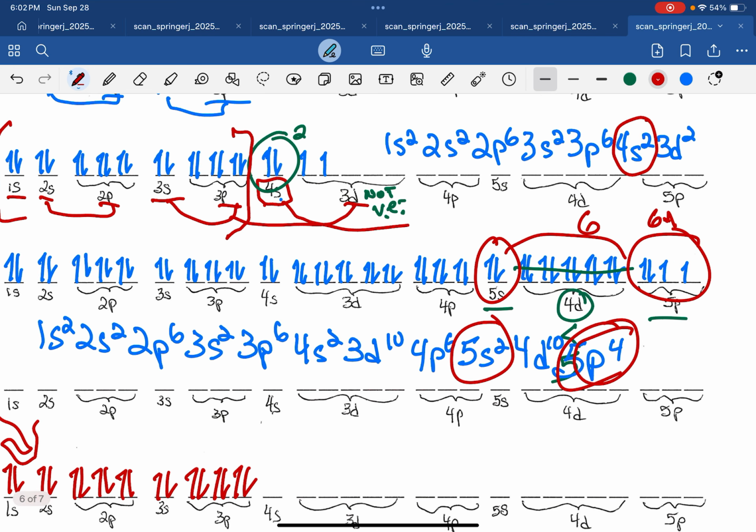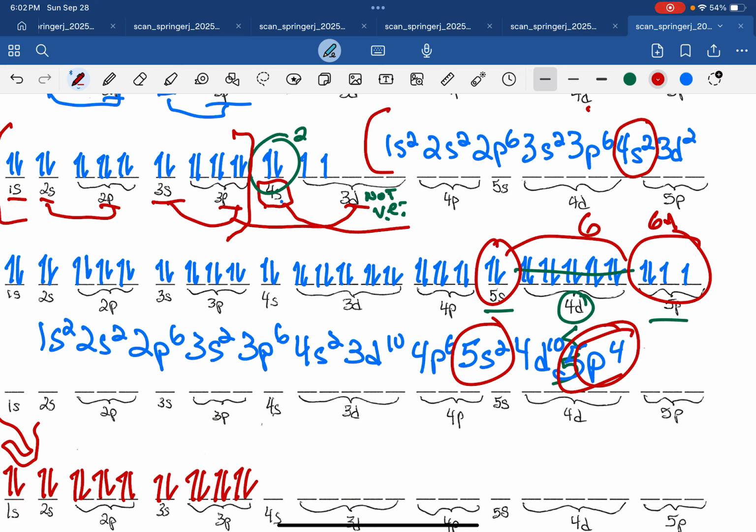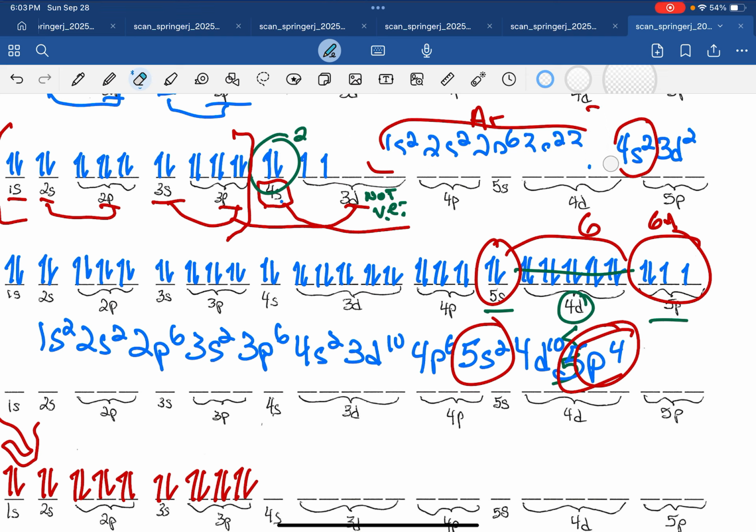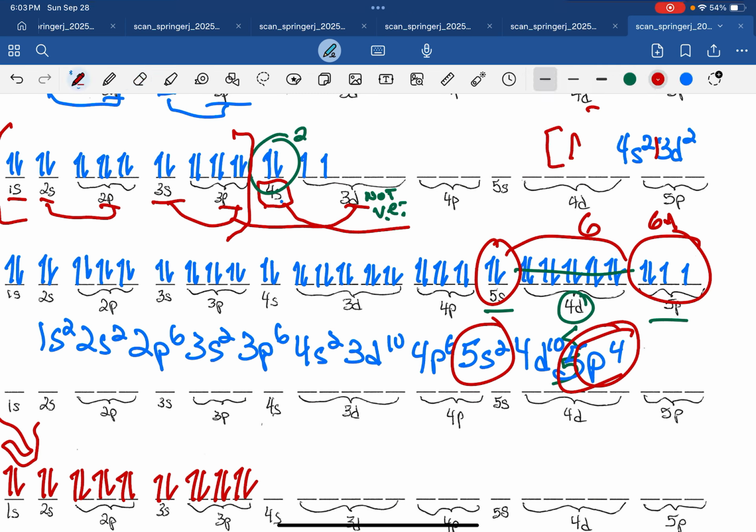Where is that here? There's argon. Since argon is a noble gas at the end of the row, we can substitute in argon for all of this right here. Let me erase all this. And here's how we'll do it. We'll say argon, 4s2, 3d2.